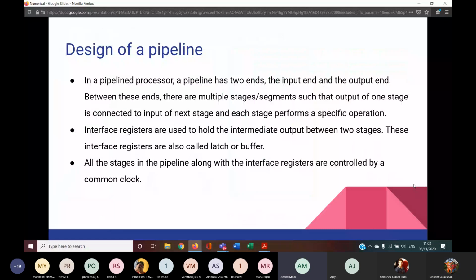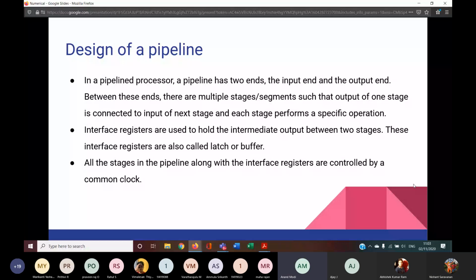Yeah, so the basic design of a pipeline involves an input end and an output end, and stages in between these two ends, and one stage's output serves as the input to another stage, and this is how the entire thing propagates. Then there are registers, which hold the result of a particular stage.